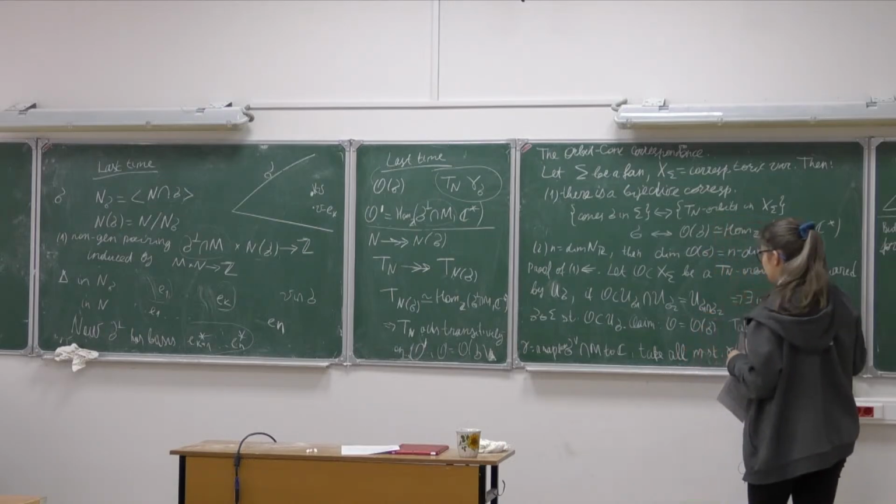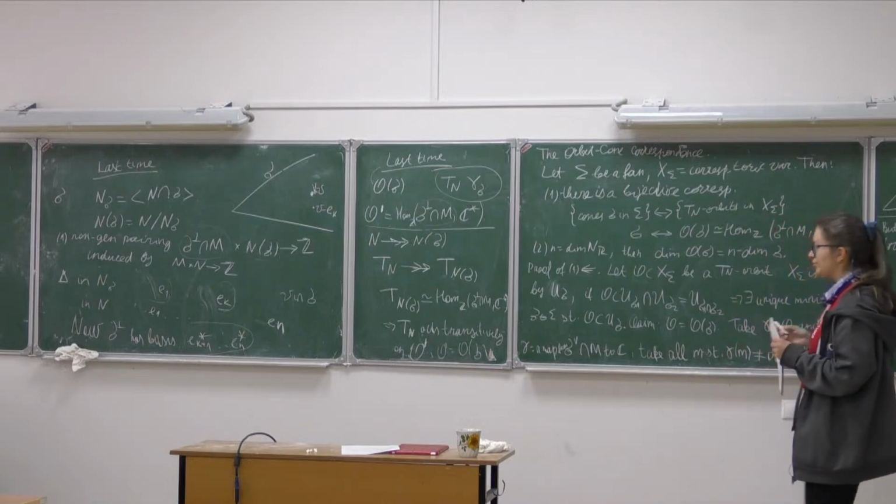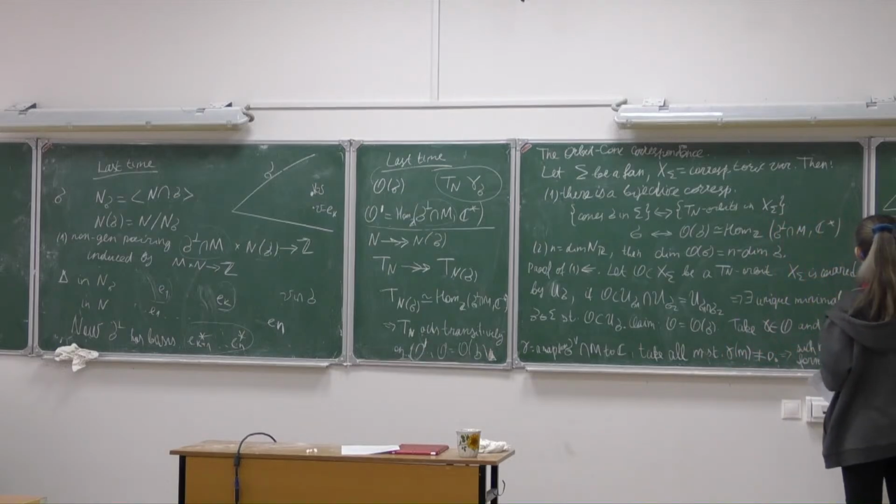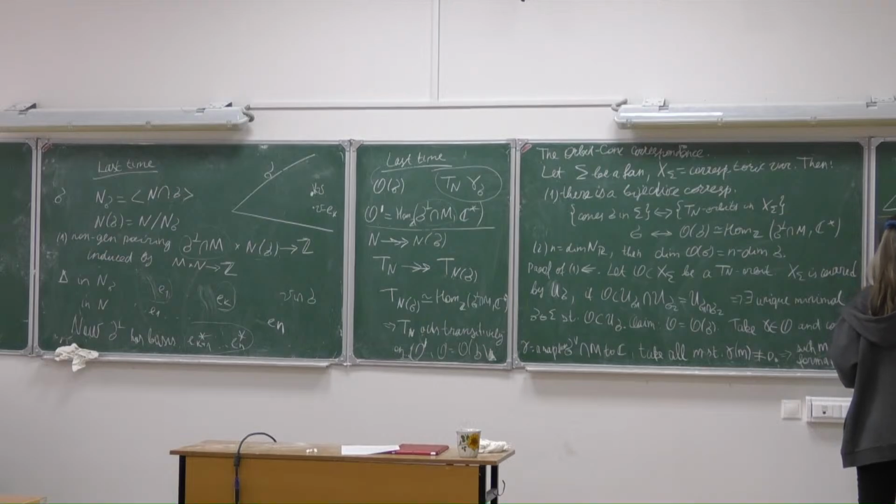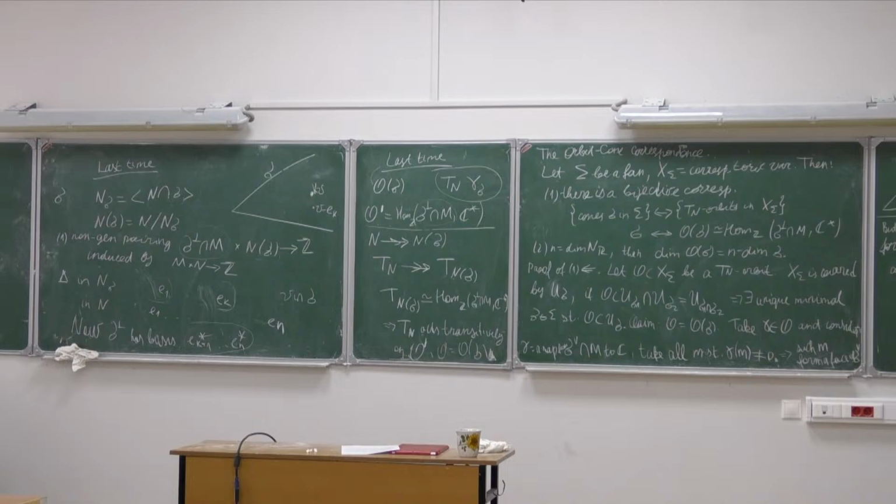Not in O tau, it will be in U tau. If gamma belongs to U tau, sigma was minimal. It means that tau equals sigma.